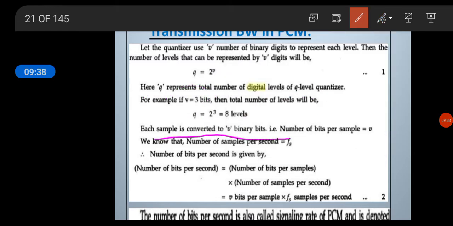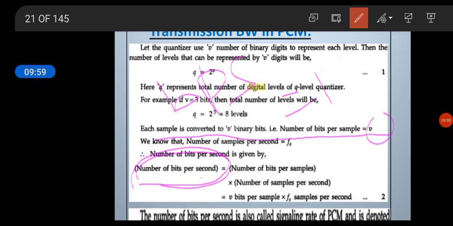Each sample is converted to binary bits, that is V bits. Here we are going to calculate the number of bits per second. This bits per second is used to calculate the speed of the PCM as well as the transmission bandwidth. So the number of bits per second is equal to the number of bits per sample into the number of samples per second.